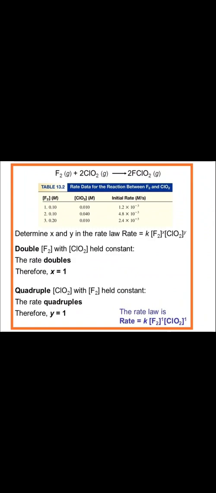Now the rate changes from 1.2 into 10 raised to minus 3 to 2.4 into 10 raised to minus 3, that is the same 2 times. So x is equal to 1. So the rate law for this reaction: rate is equal to k into concentration of fluorine raised to 1 into concentration of ClO2 raised to 1.